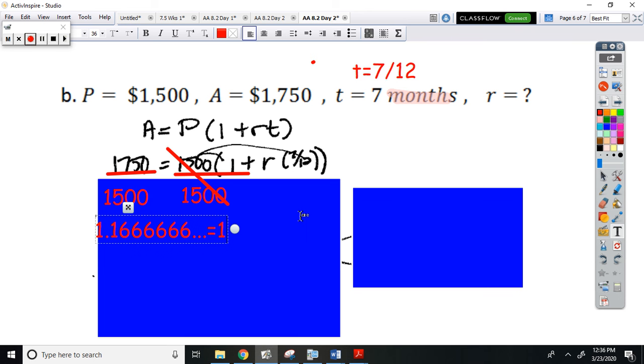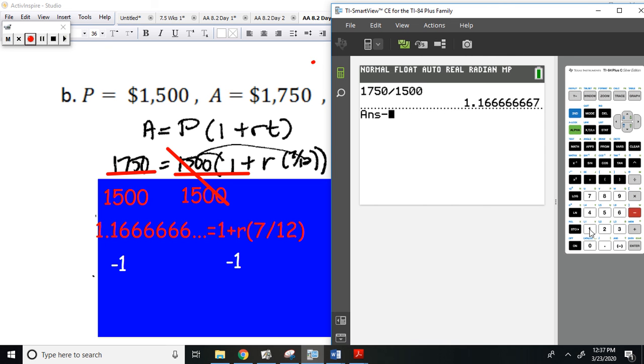On the right, I have 1 plus r times 7/12 still. We still need to undo the addition with subtraction. So I'm going to subtract 1 on both sides of the equal sign. So in my calculator, I'm just going to leave that big long decimal and I'm going to press -1, which will get me 0.1666, repeating.